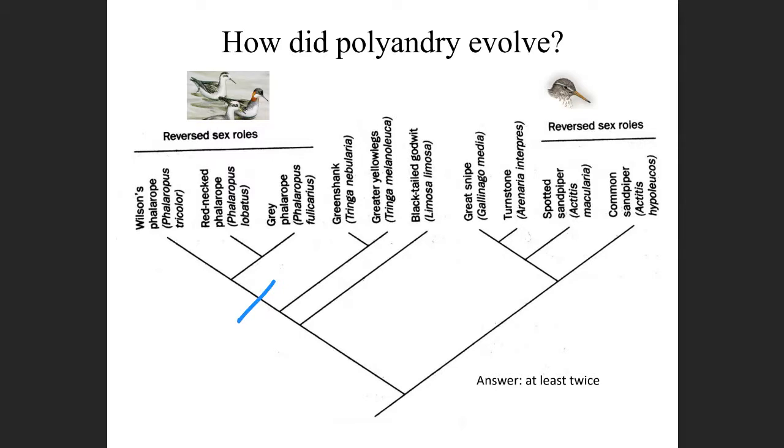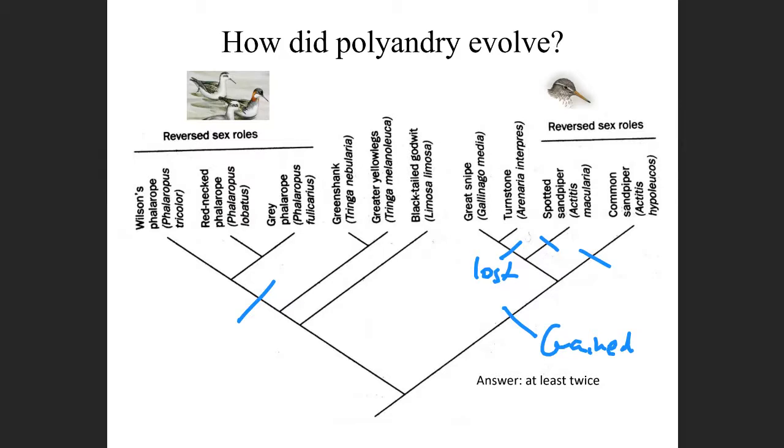But then it either evolved independently two more times, or else it evolved once and then was lost, right? So it appears to be evolutionarily flexible, right?